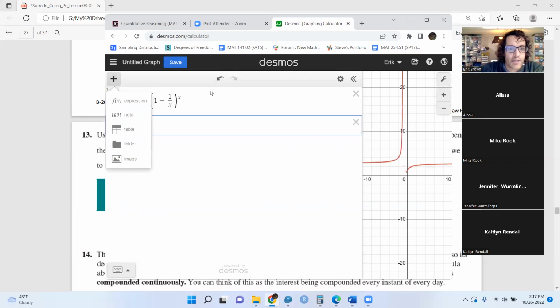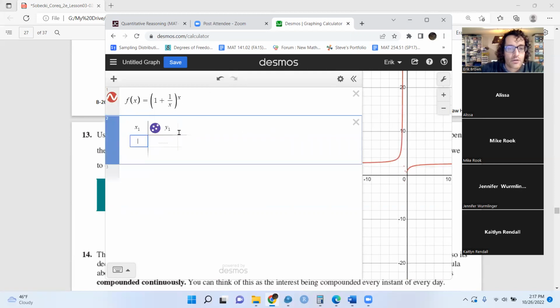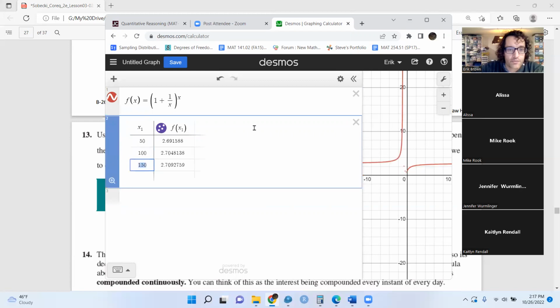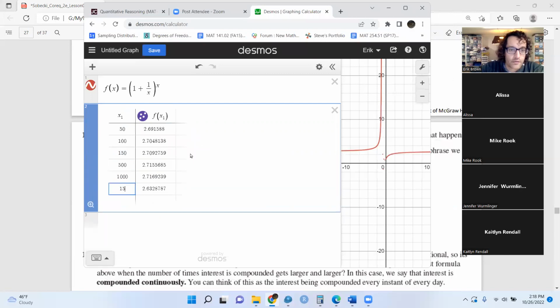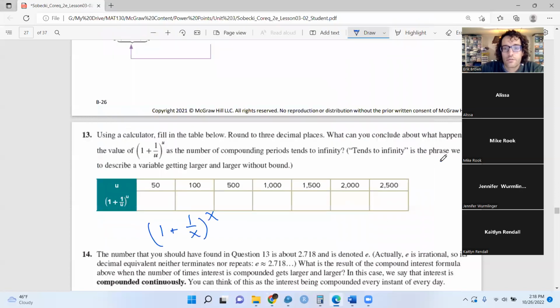And then I'm going to smash in a table here, and I want this to be f of x1. And then we're going to put in our values: 50, 100, 500, 1000, 1500, 2000, and then 2500.